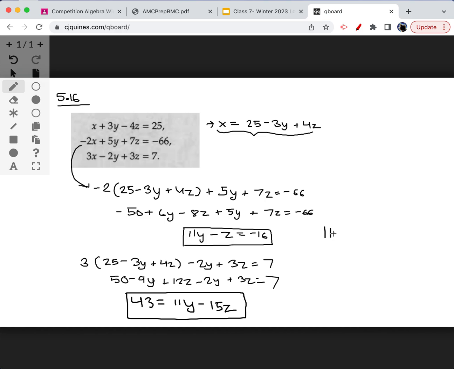So we have 11y minus z is equal to minus 16. And 11y minus 15z is equal to 43. So now if you subtract the second equation from the first equation, you'll get 14z is equal to minus 59, I believe.